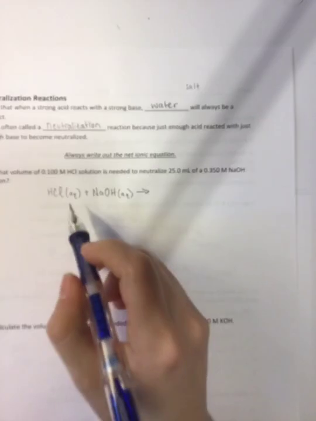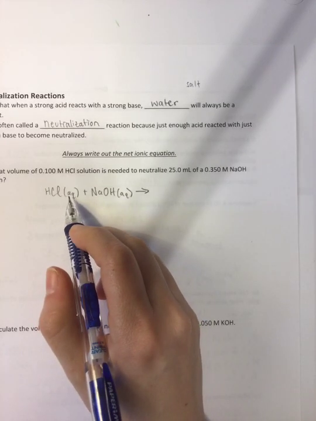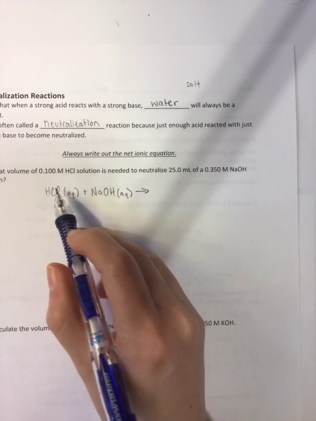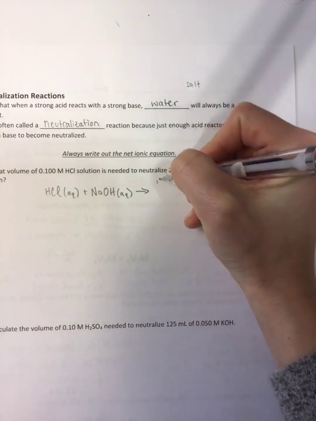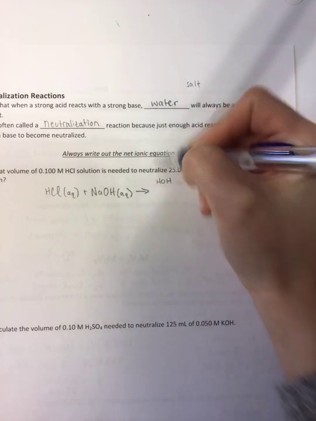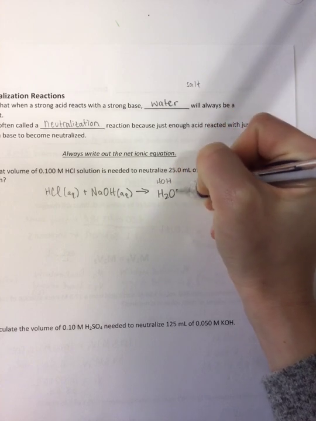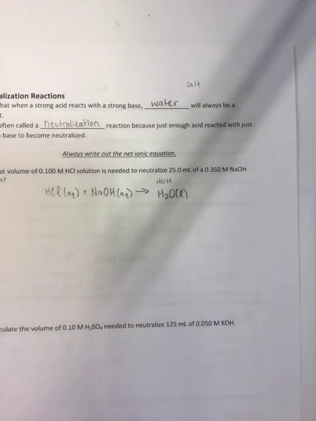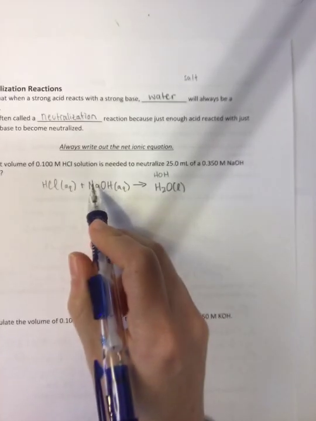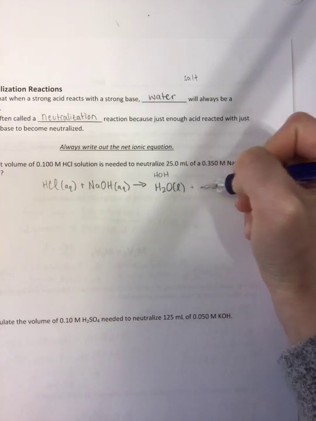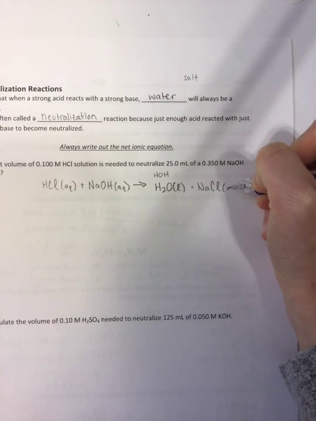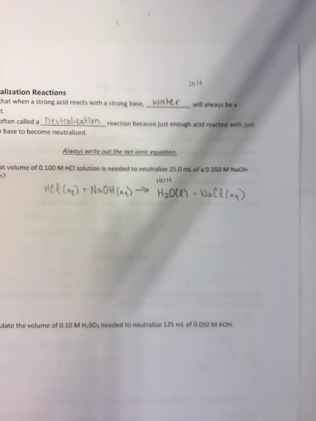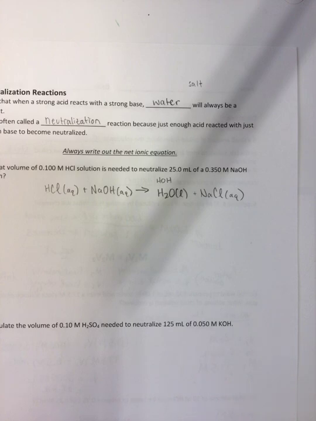This right here is going to end up being a double displacement reaction, which means that my H is going to end up with my OH, which will give me HOH, or more commonly written as H2O, right? And then my Na will end up with my Cl, and I'll have actual table salt as my salt. It's kind of the classic acid-base reaction.